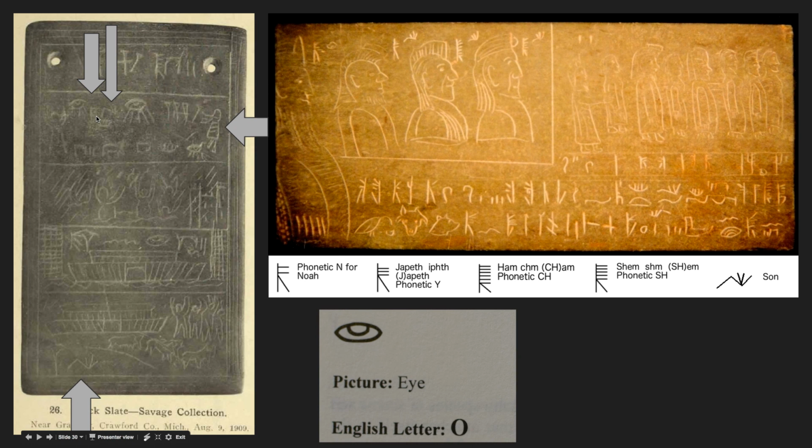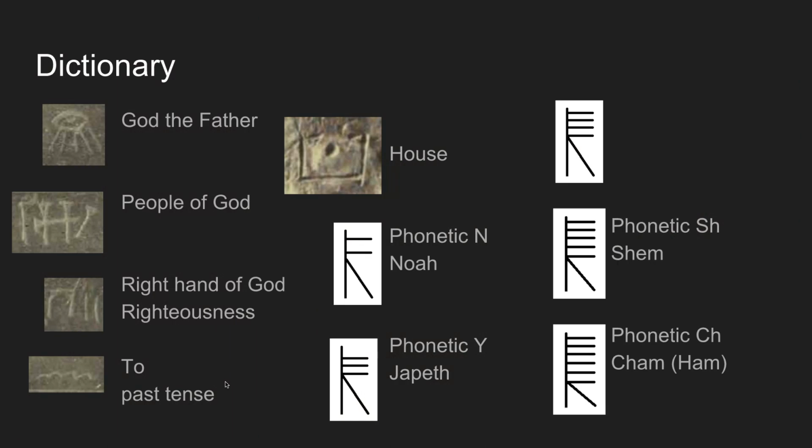And you'll notice towards the top, you've got the 2 gray arrows pointing to the symbol of sun, and also pointing to, it's kind of faded, the N symbol plus the Hebrew O, making the name Noah. At the bottom, you could see the symbol for son or sons.